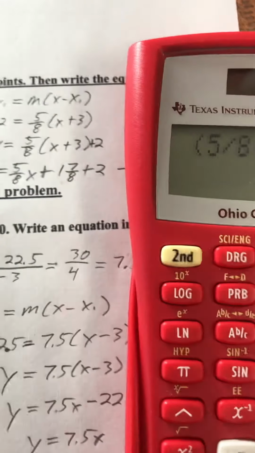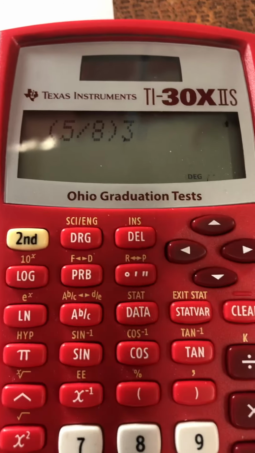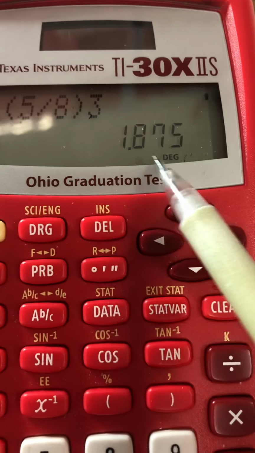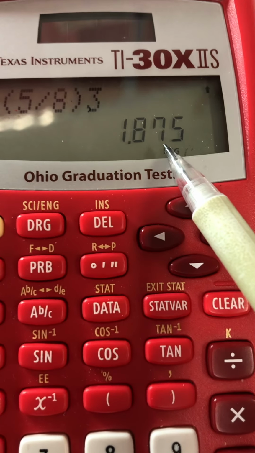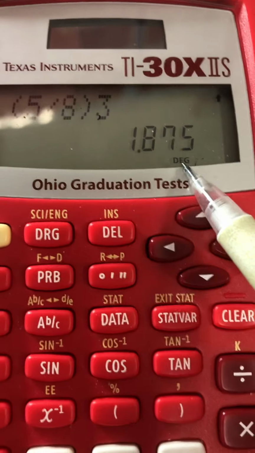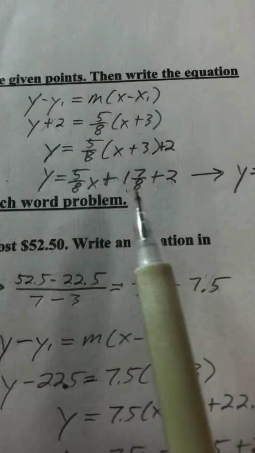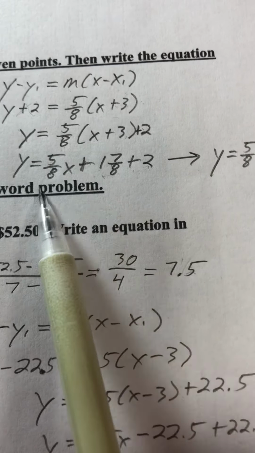And then back parentheses, and then multiply that by 3, hit equals, and the only bad part is you're going to get that as a decimal. And I mean, you could work with a decimal, that's fine, but I did it the ABC way to keep it a fraction, okay? Because we have a fraction here. I don't like mixing fractions with decimals, but that is 1 7/8 just as a fraction.